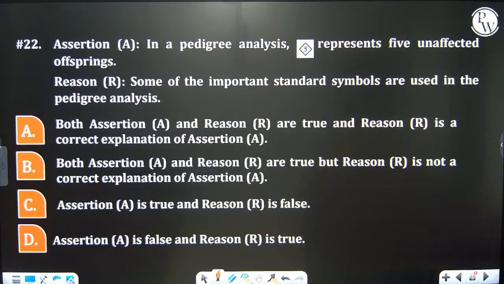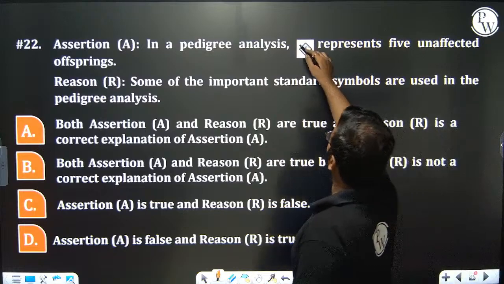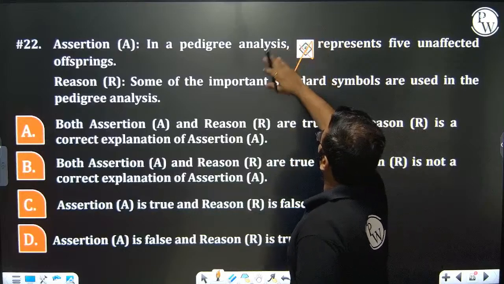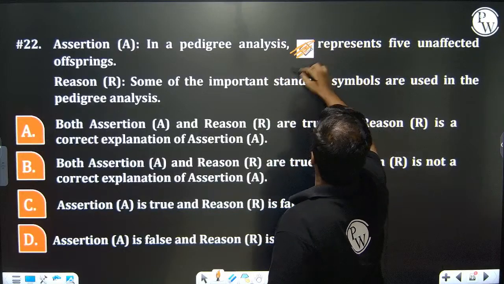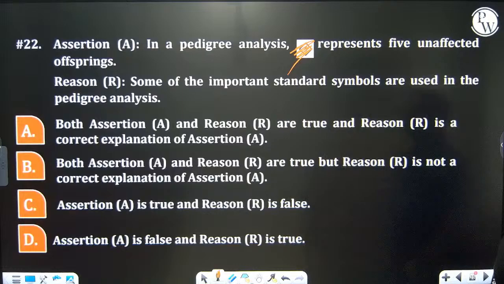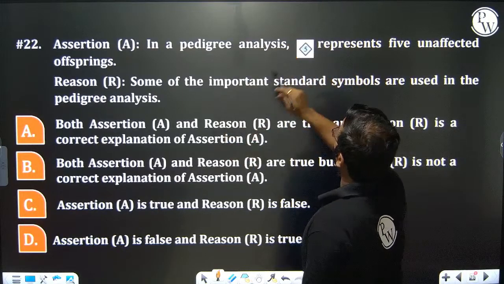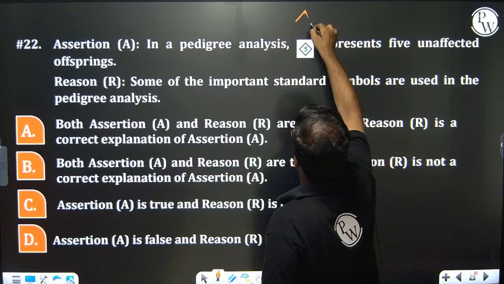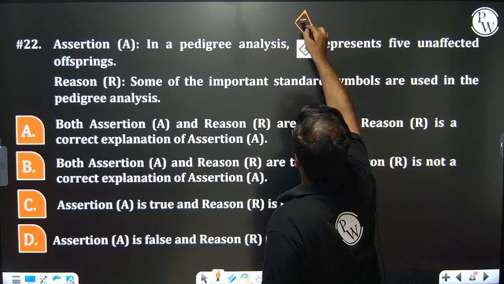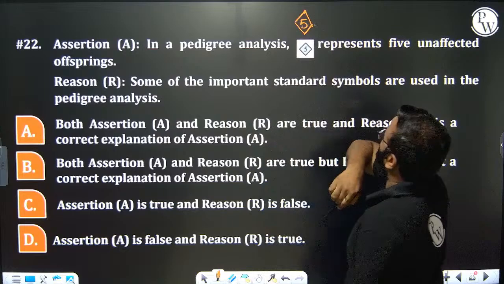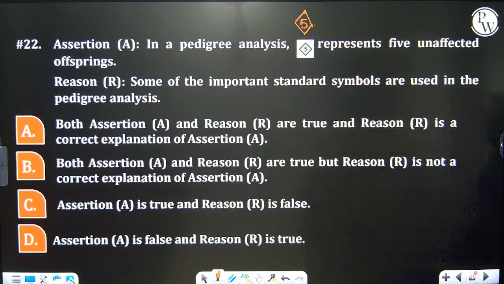Next question. In pedigree analysis, this particular symbol represents 5 unaffected offsprings.